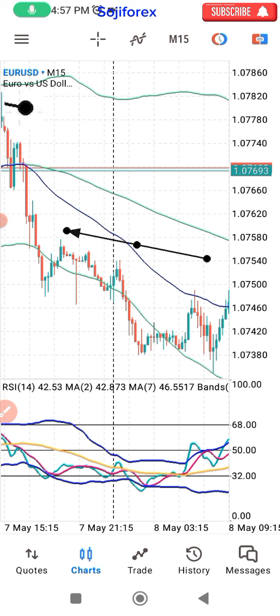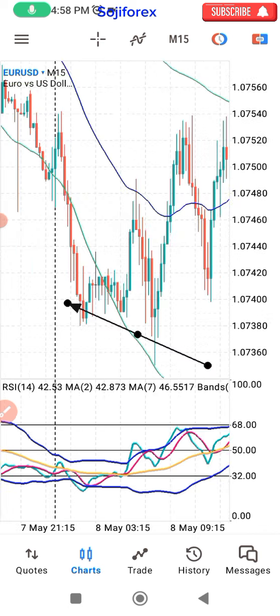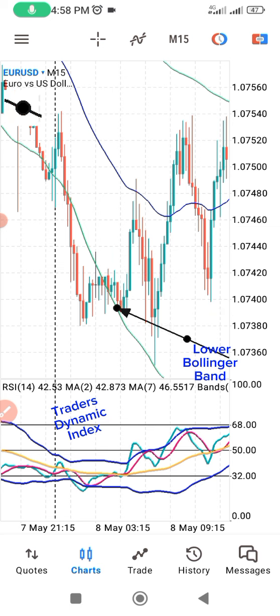Now for a reversal trade, for a buy, the market has been selling and you are looking forward to a buy. All you need to do is pay attention to the lower Bollinger Band, which is what you are seeing here, for any reversal for a buy entry.